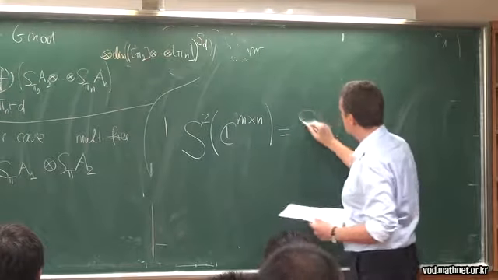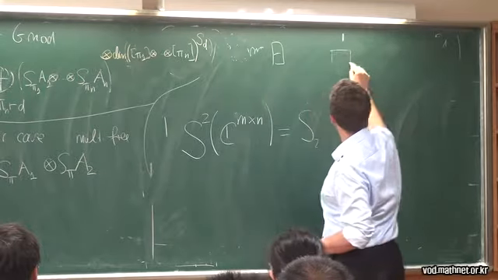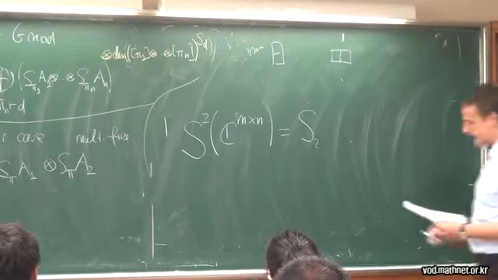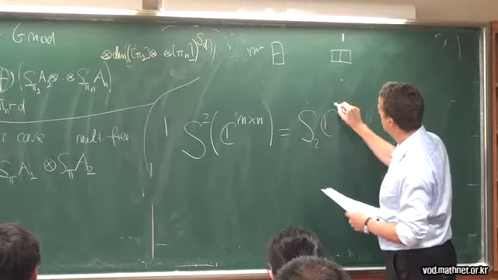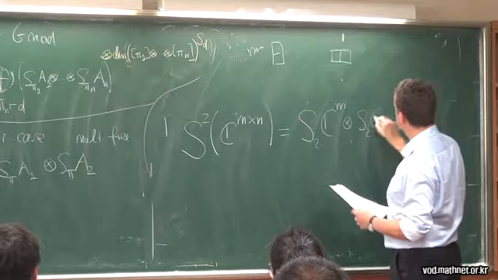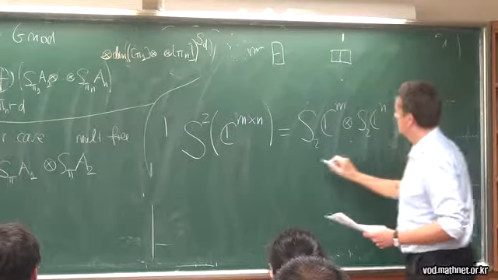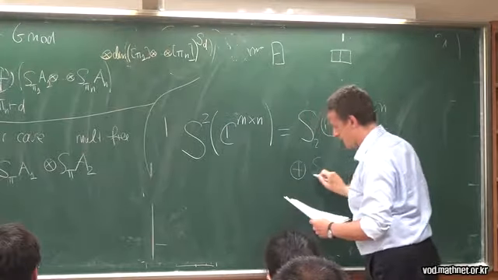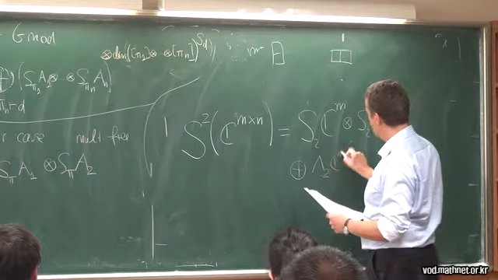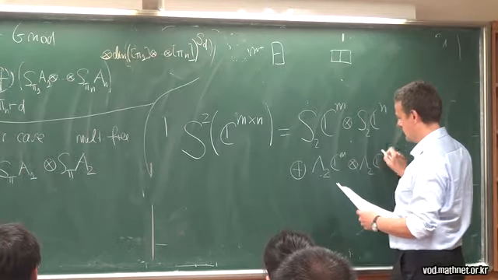So there are two factors, right? For d equals 2, there are only two partitions, so there's S2 C^m tensor S2 C^n, and then the other factor is wedge 2 C^m tensor wedge 2 C^n.